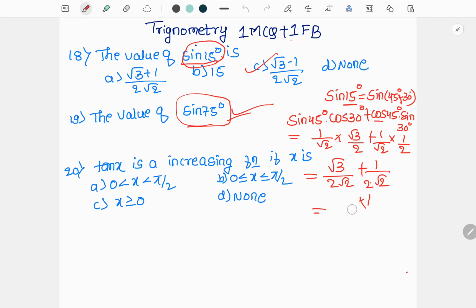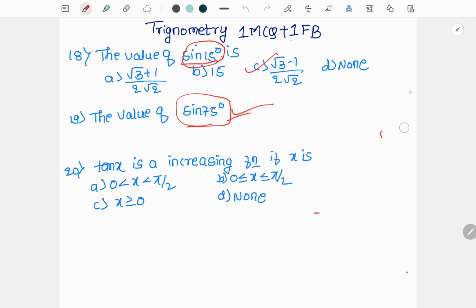See, another interesting question here. Tan x is an increasing function, for what values of x they are asking. Increasing means, students, look, from left to right, if the graph is going up, it is increasing. If the graph from left to right is coming down, it is decreasing.